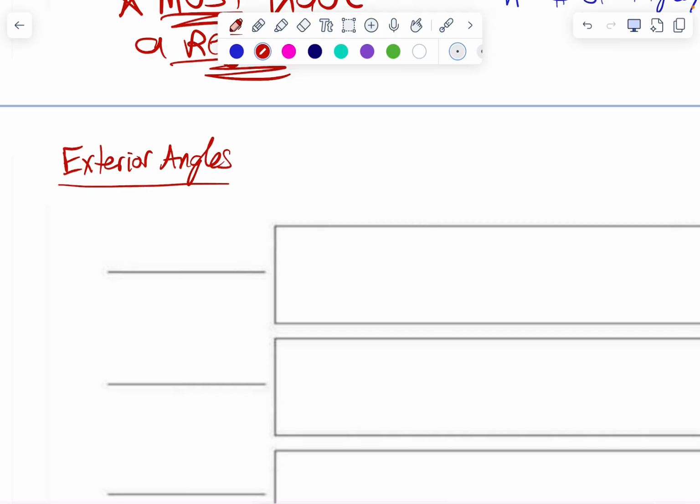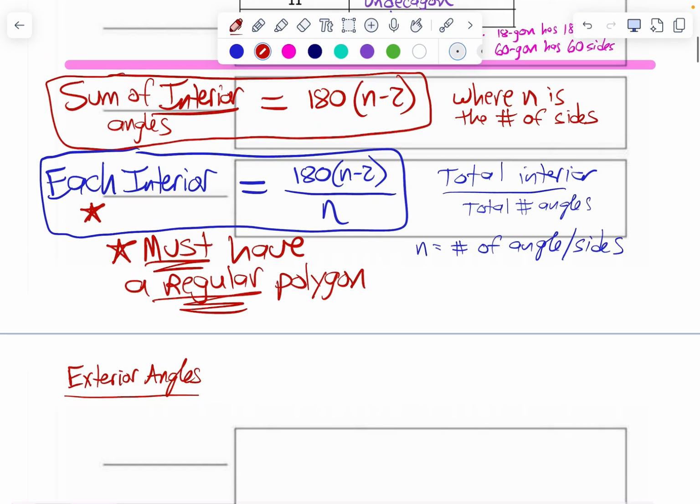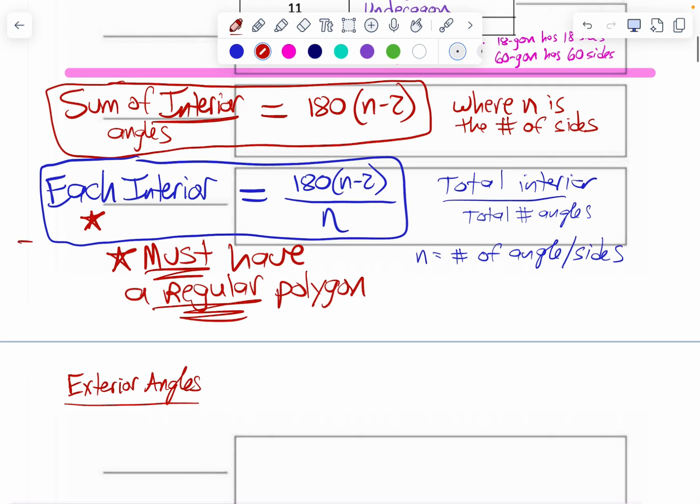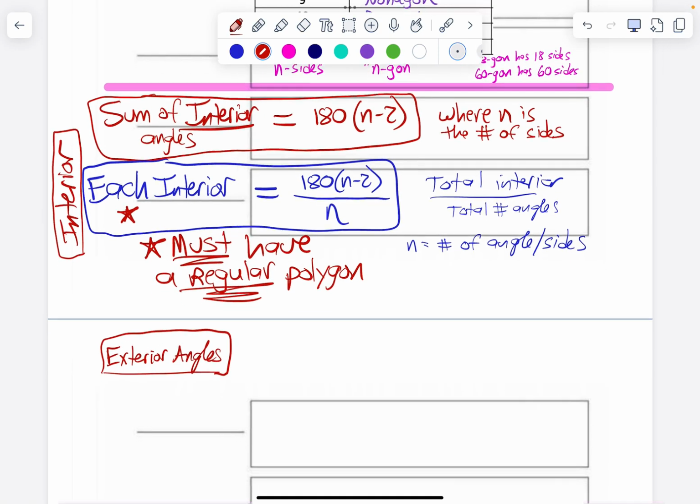So let's see, I think I'm gonna write over here interior, just to keep this somewhat organized. And then exterior. So we'll have 2 of these as well.